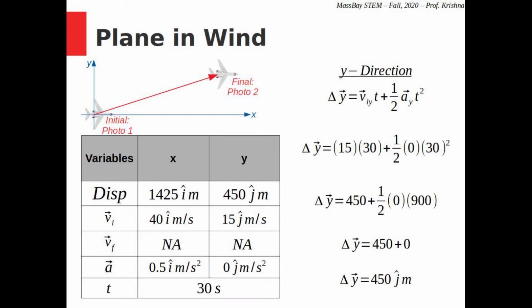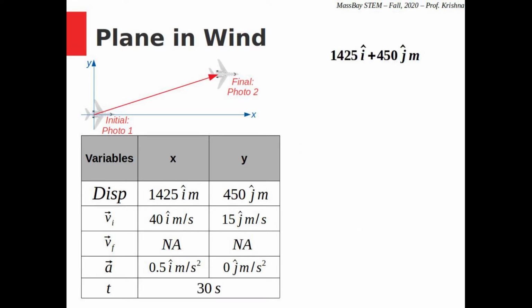It is 450 j hat meters. So the overall displacement is 1,425 i hat plus 450 j hat meters. In other words, after 30 seconds of flight in the wind, the plane is located 1,425 meters to the east and 450 meters to the north of its original point.